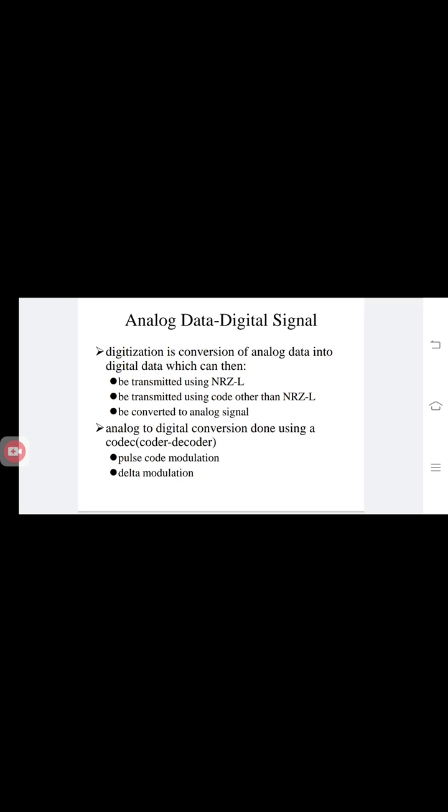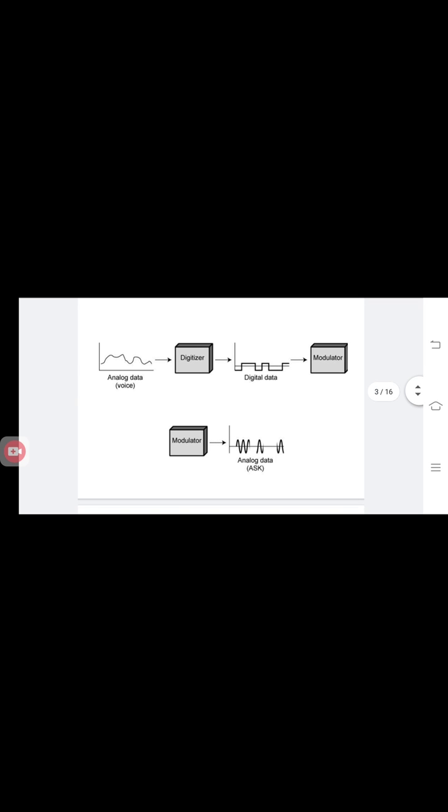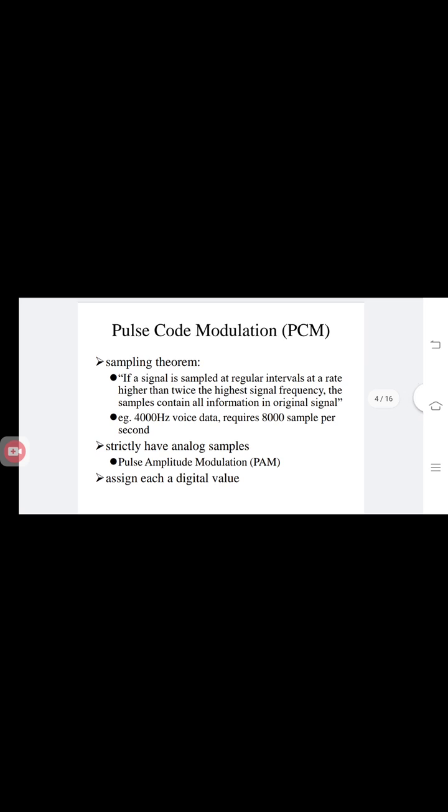Here we are converting analog data into digital data by using a digitizer. Then this digital data can be transmitted by using a modulator as a signal. So this is what happens in the digitization process. The first technique is pulse code modulation, or PCM.